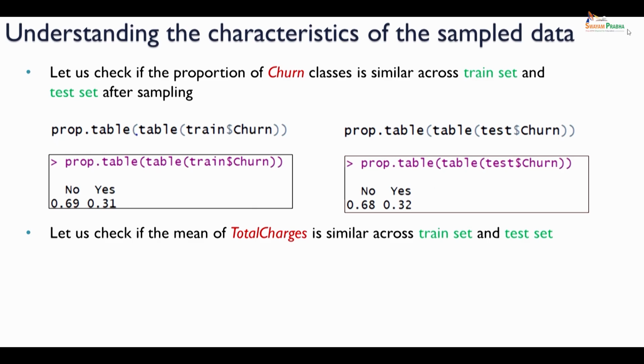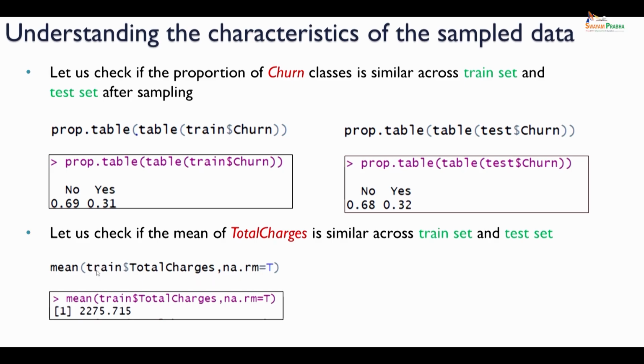Now let us randomly pick one column and check if the mean is similar across the train set and test set. Here I have chosen total charges. You can choose any numerical variable in your process. To calculate the mean of the total charges, I am giving the function as mean, the data frame I am interested in is train, and the variable is total charges.